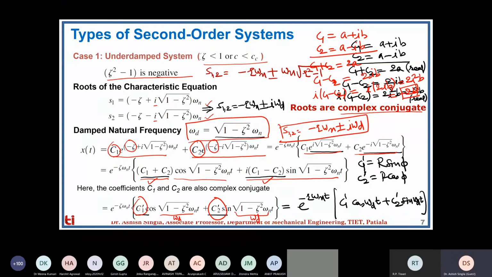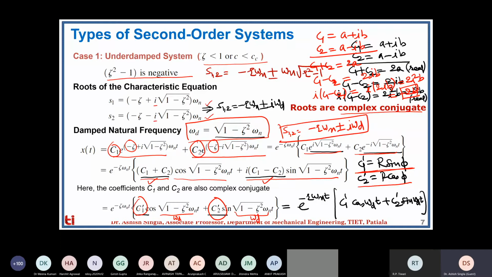So finally we have this expression. If we write C1 dash as R sine phi and C2 dash as R cos phi, we can write this as C1 dash into cos of omega dt plus C2 dash into sine of omega dt.